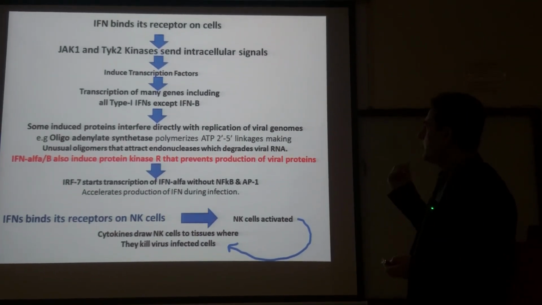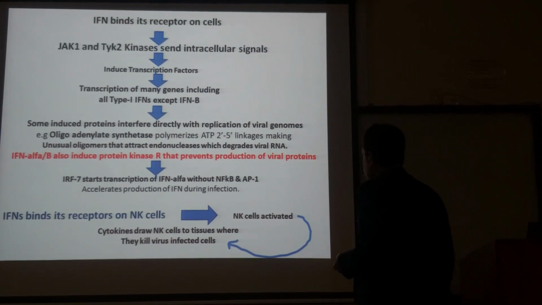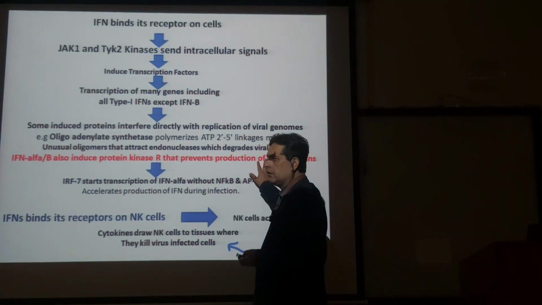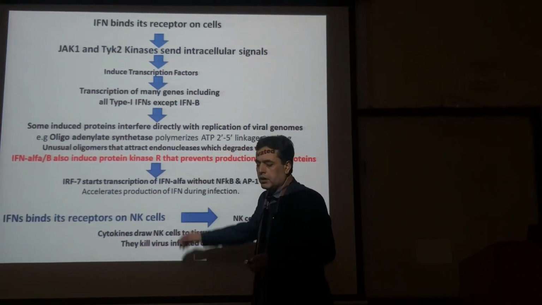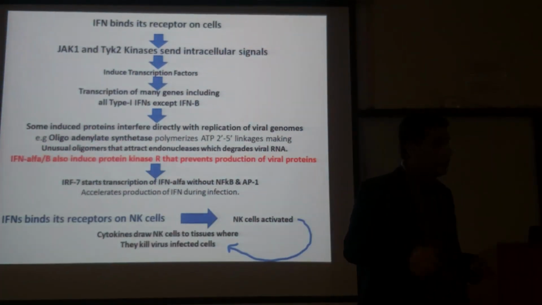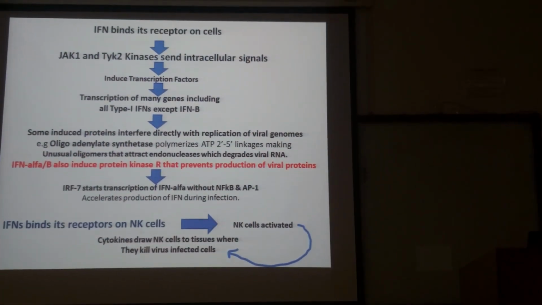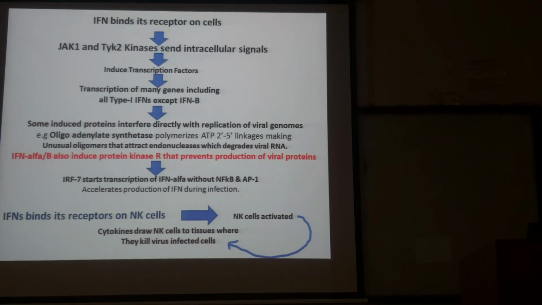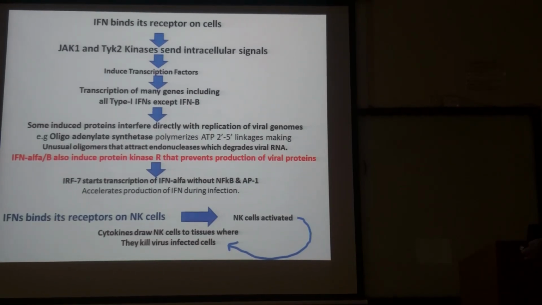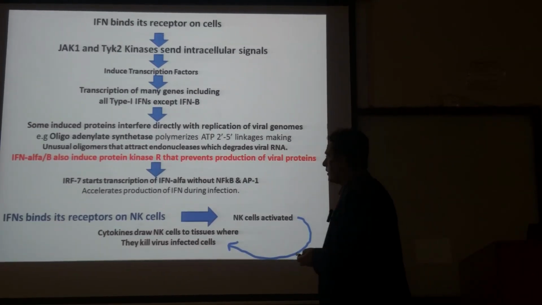And this protein kinase R prevents production of the viral proteins. In the initial description, I told you that they can use different ways in order to stop the virus from replicating inside the cell successfully.